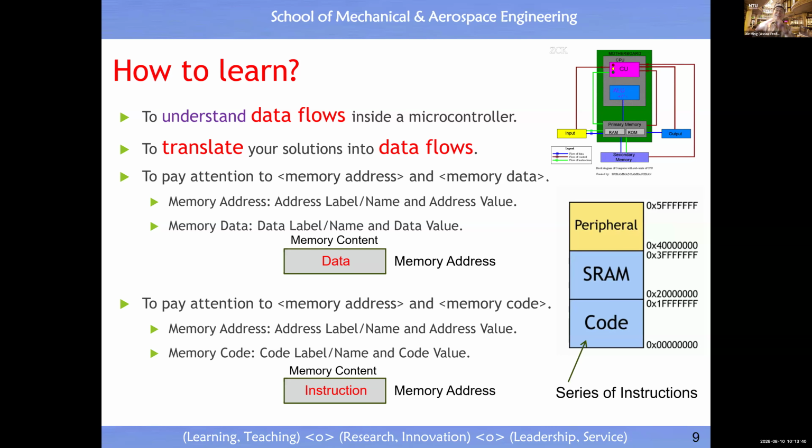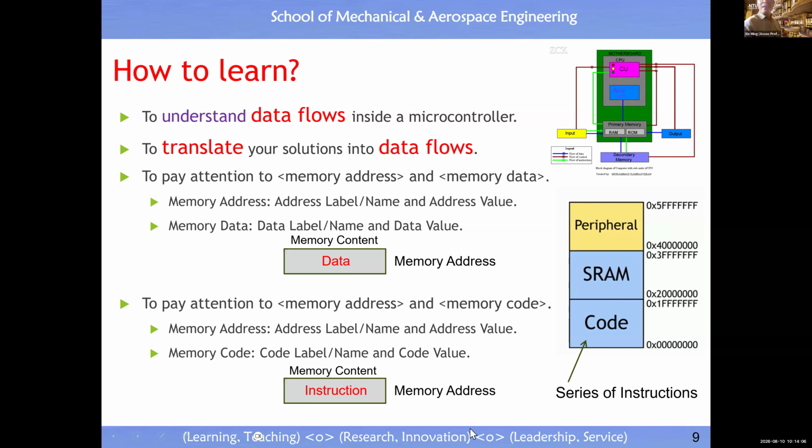So it means we separate the block of memory for the storage of instructions from the block of memory for the storage of data. So by looking at the address range, immediately you can guess whether the content inside the memory is code or instruction, or data, right?